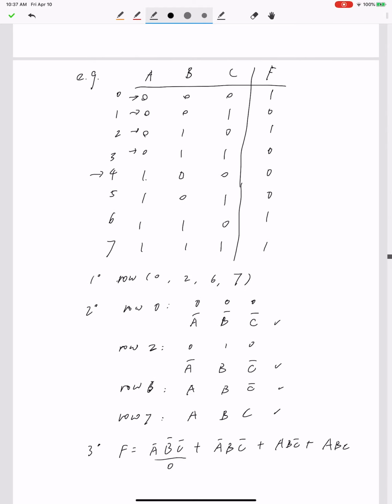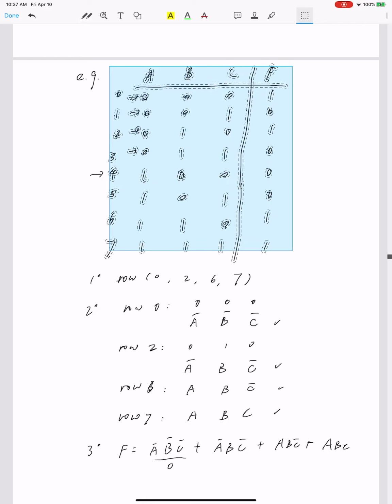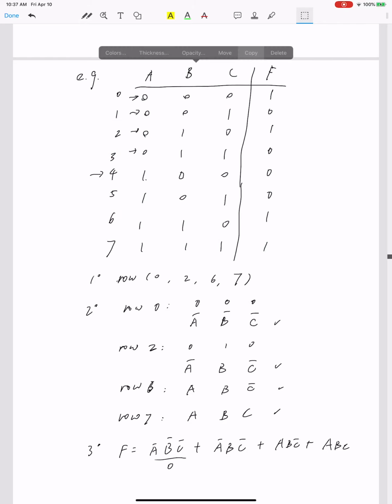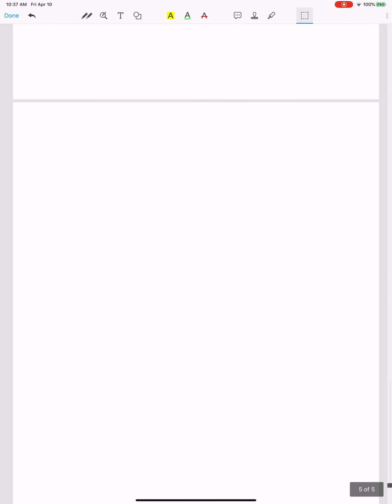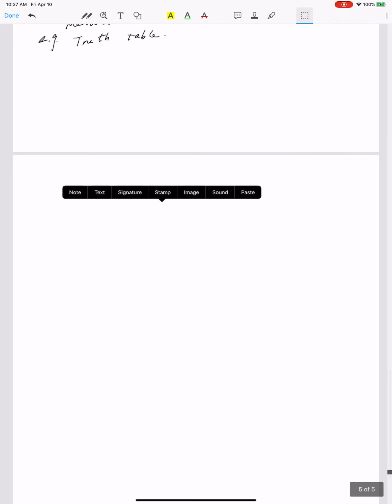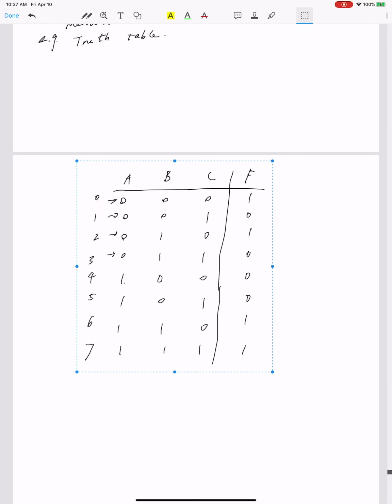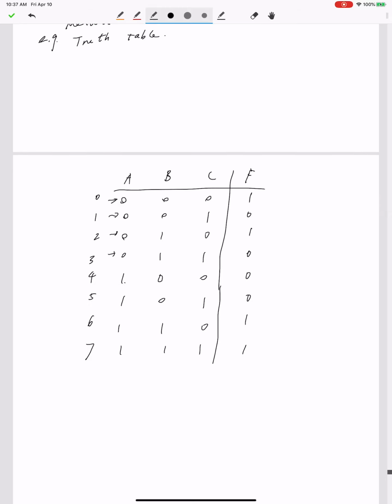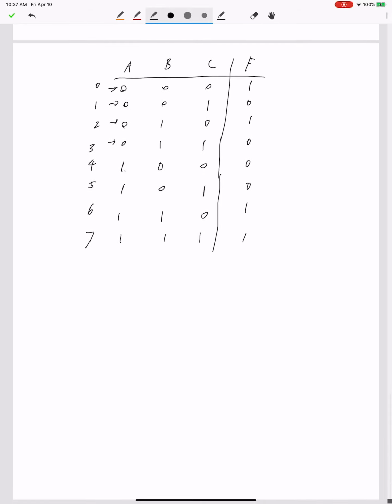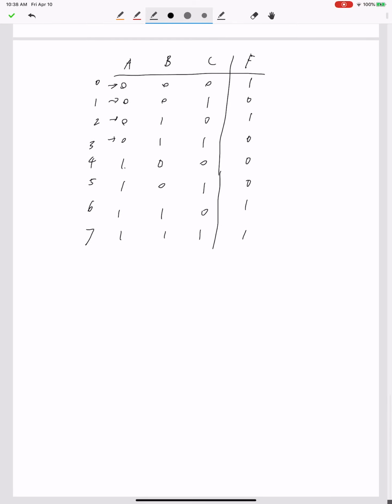Let me copy this truth table, so I don't need to redraw it. All right, let's say we have this truth table, and according to it, we can find the simplest logic expression by using the kernel map, the K-map. So how to do that?